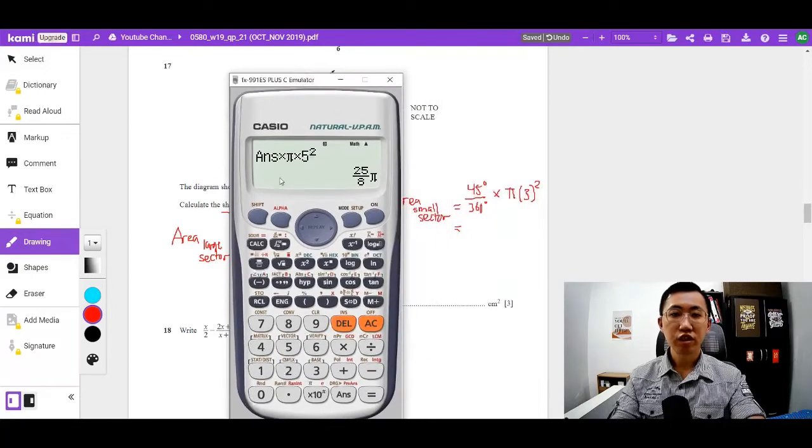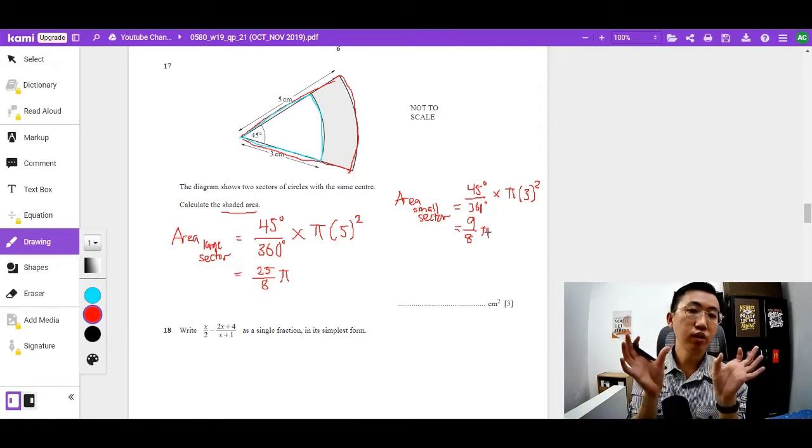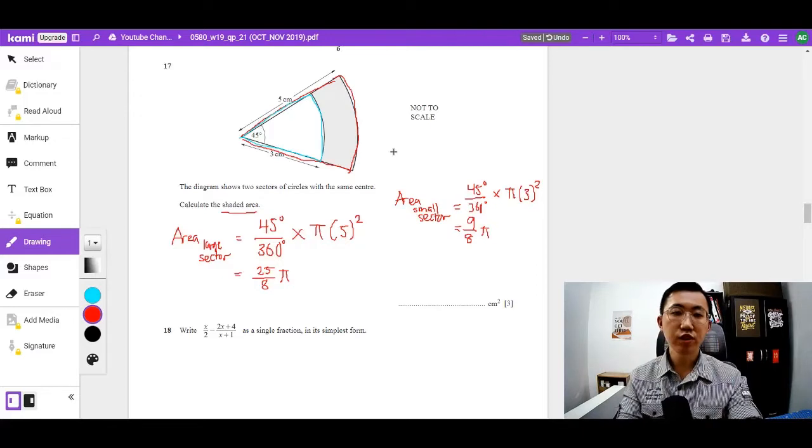Let me try to key in for you. 45 divided by 360. Press equal first, multiply with pi. Shift, remember to press the button shift, times 3 square, like that. So 9 over 8 pi, just copy 9 over 8 pi. So you have two different sectors ready. You're gonna minus off each other, and that will be your answer for this shaded region.